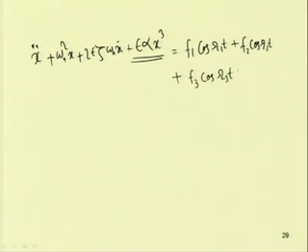So, in this case, for example, in case of a linear system, already we know if this equation is in this form, that is x double dot plus omega n square x equal to f 1 cos omega 1 t plus f 2 cos omega 2 t, we can use the superposition theory to write the solution of the system.